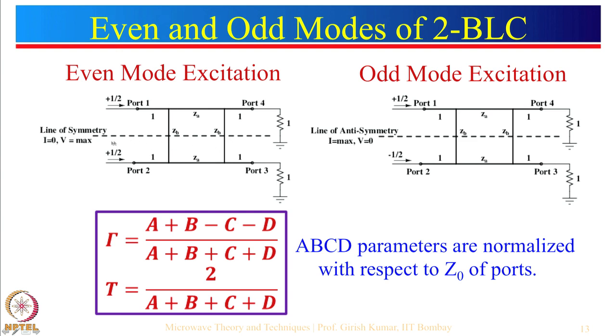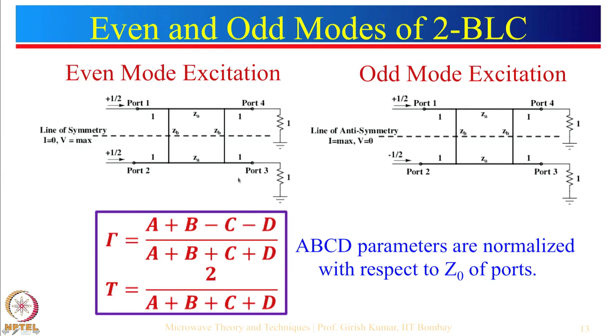So we can say that this results in an open circuit at this particular point. For odd mode excitation, this is plus half and this is minus half. The voltage at this particular point will be equal to 0, which is replaced by a short circuit.